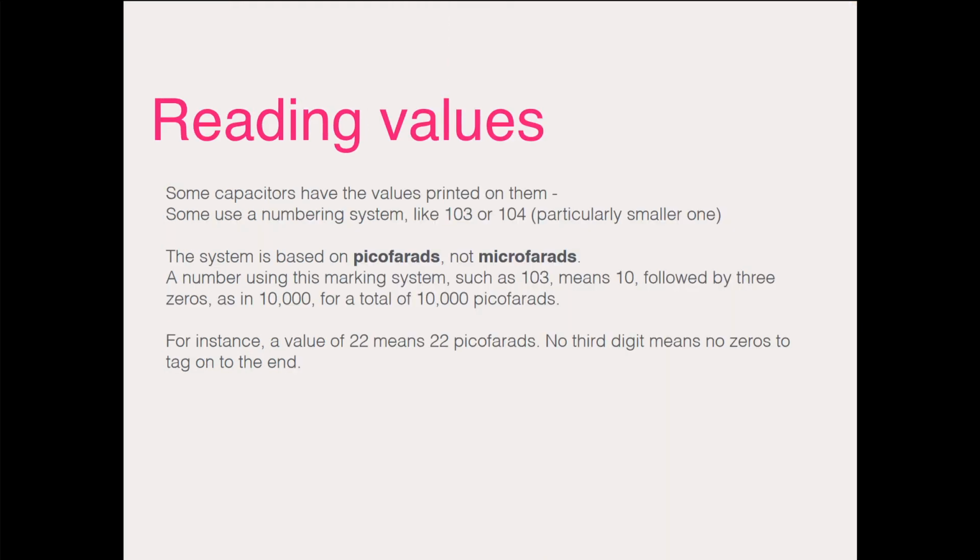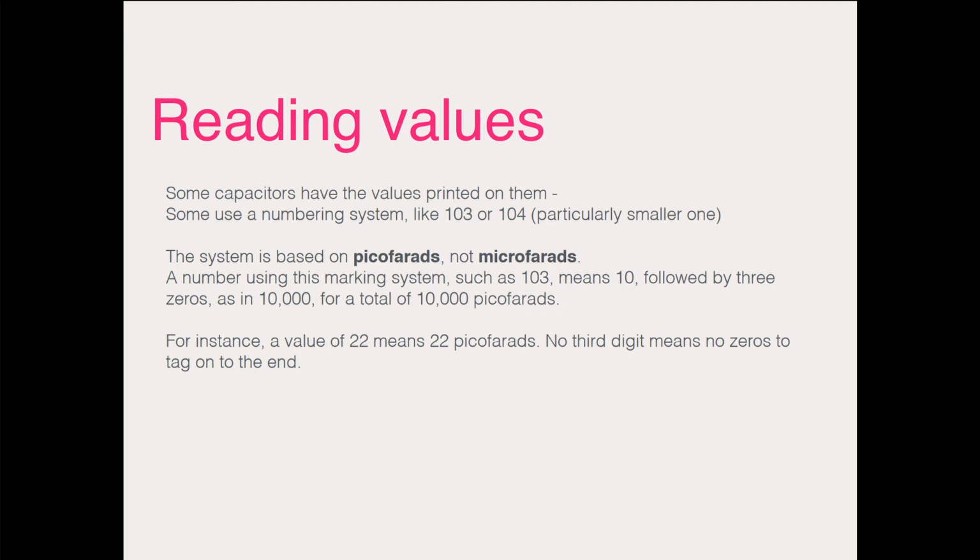Reading the values. Often, if you see a ceramic capacitor, it's going to have the values printed on it, like 103 or 104. The way to decrypt what's going on there is it's 10 with 3 zeros. That's what 103 is going to be. It's 10 followed by 3 zeros. 104 is 10 followed by 4 zeros.